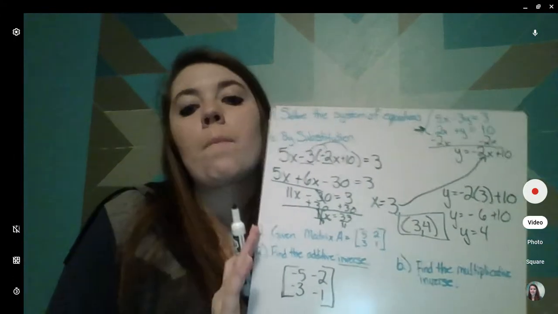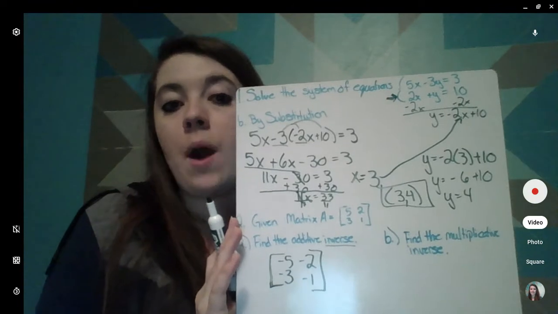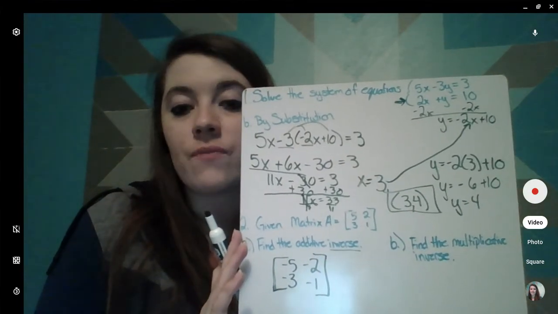So this means we're multiplying. Now remember, multiplying is a little different when it comes to our matrices. So for this, what we have to do first is find the determinant.